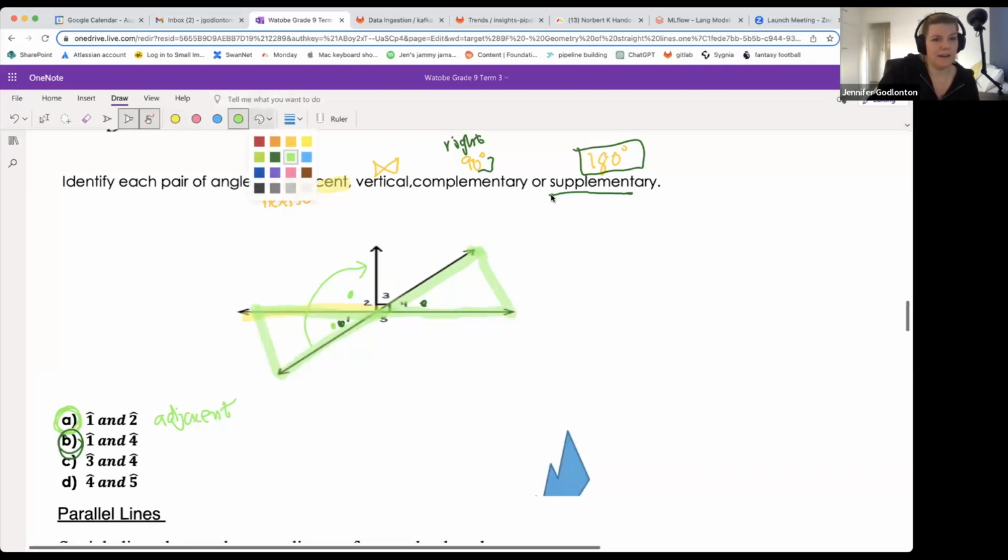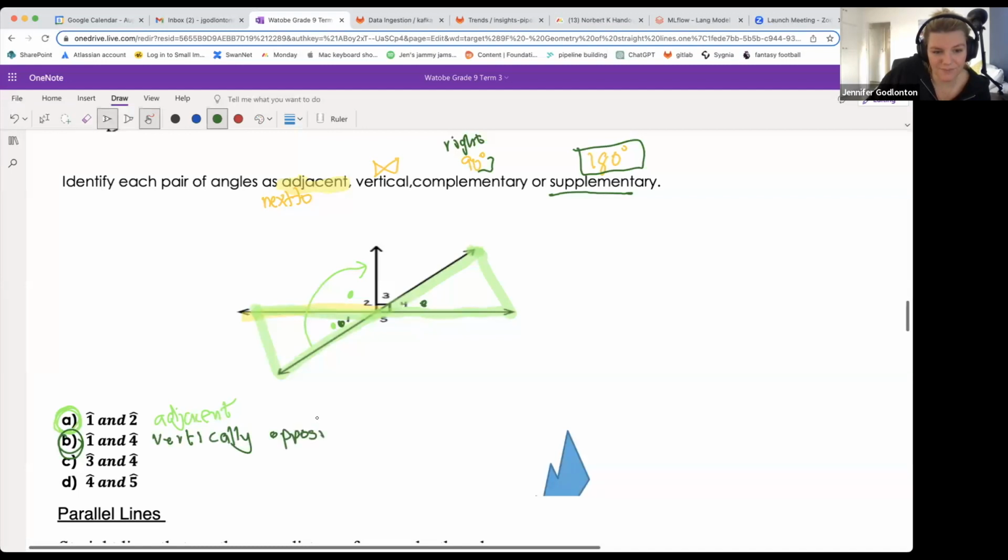Oh, Oliver, I saw your hand, but then you put it down. I think it's because I answered. I'm sorry. Next one's all yours. So these ones are going to be vertically opposite angles. Okay. Next one, we have got angles 3 and 4. So this one and this one. What are they?